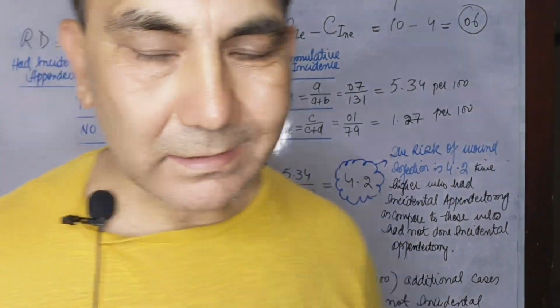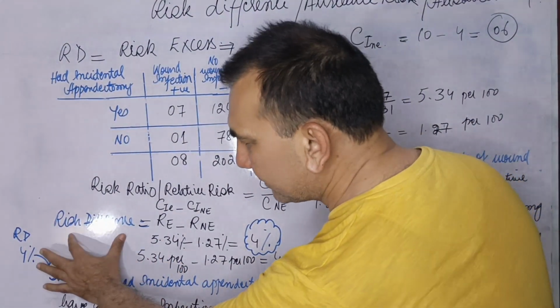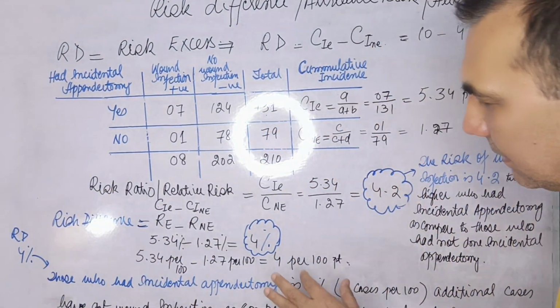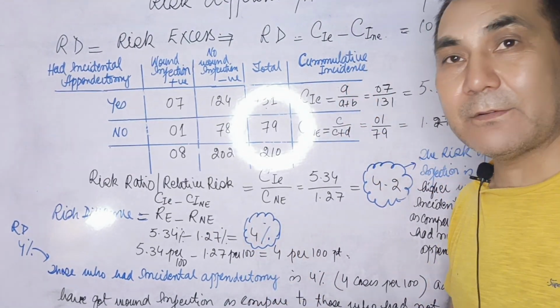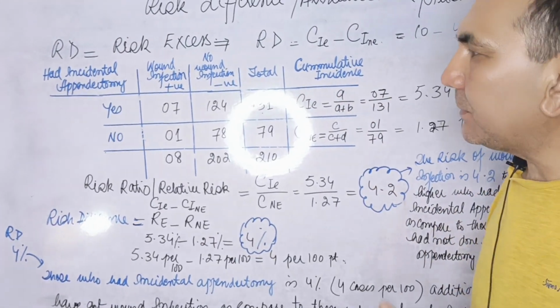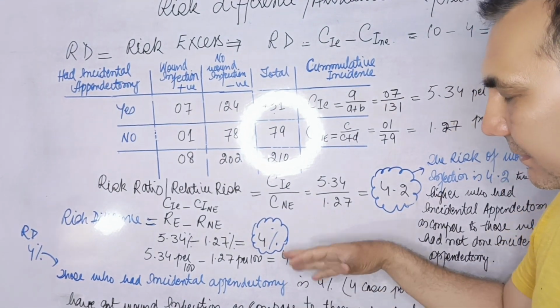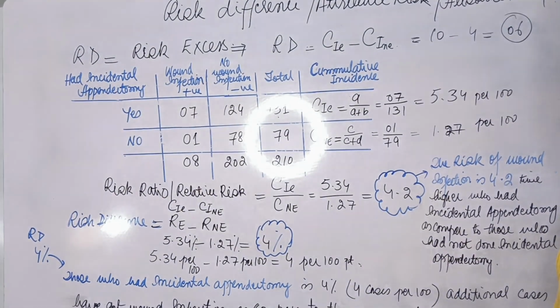Okay, the interpretation for the risk difference, which is called the absolute risk, the other name is called the attributable risk, which is the 4%, and these 4% is the risk excess which is present in the exposed group. So you can say 4 per 100 persons.